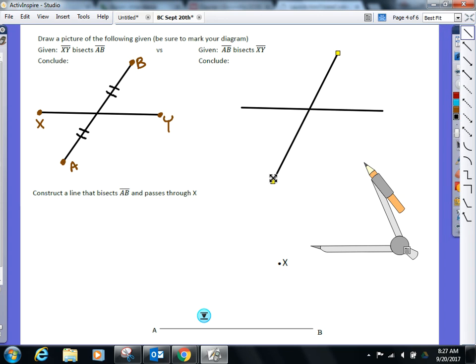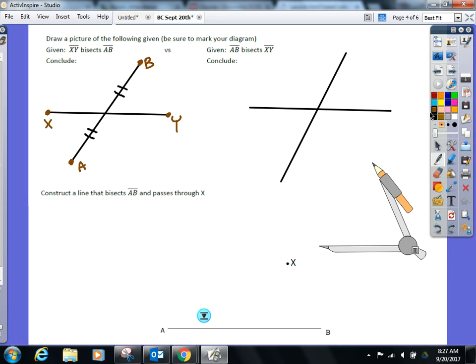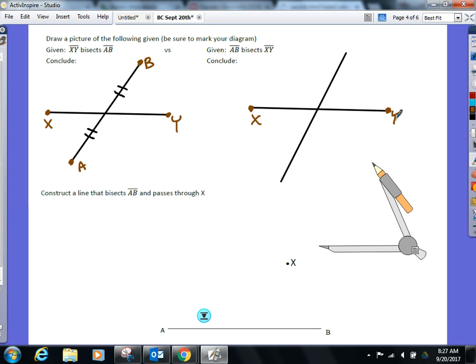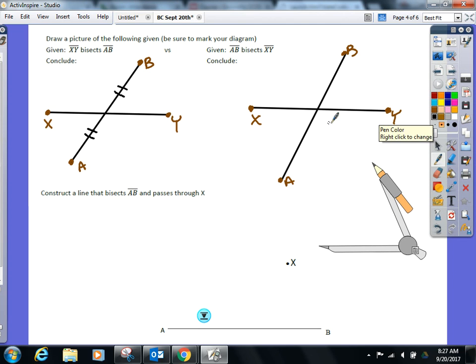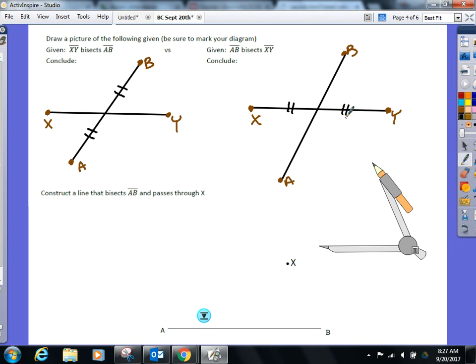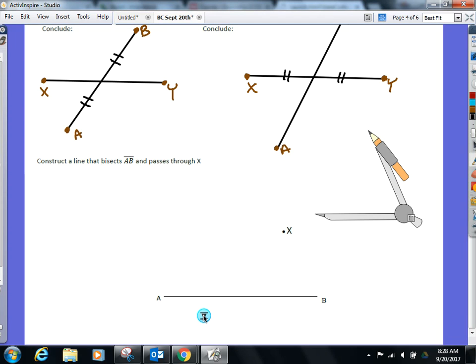So I'm just going to draw the exact same diagram. But now, since XY is being cut in half, I'm going to put the congruent marks on XY. Questions, comments?